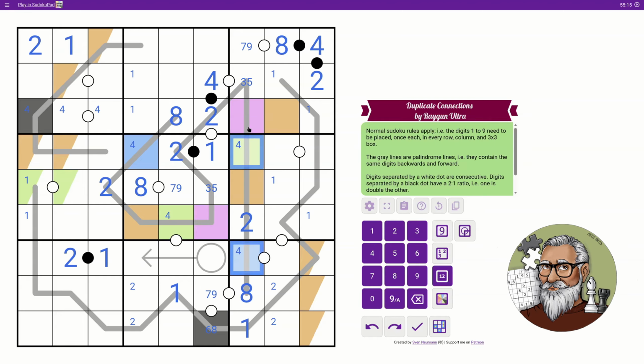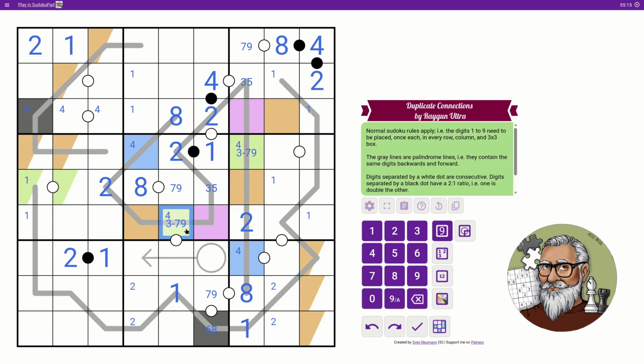Okay, does it help to pencil mark these? I'm not sure it does now. Well, it might. At least this one. And this is 3, 4, 5, 6, 7, 9, right?